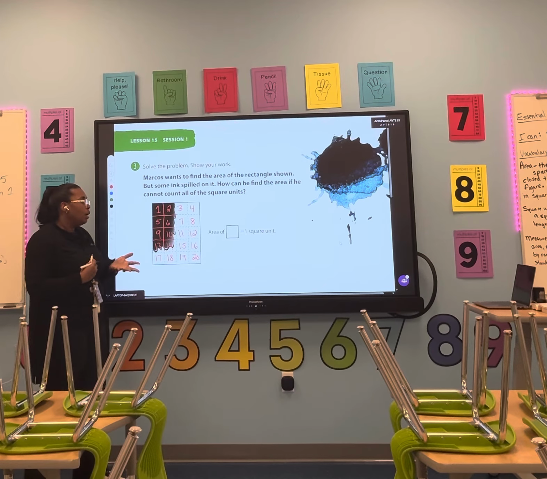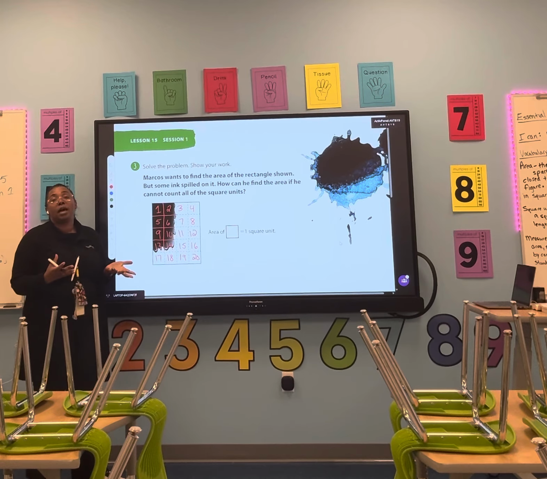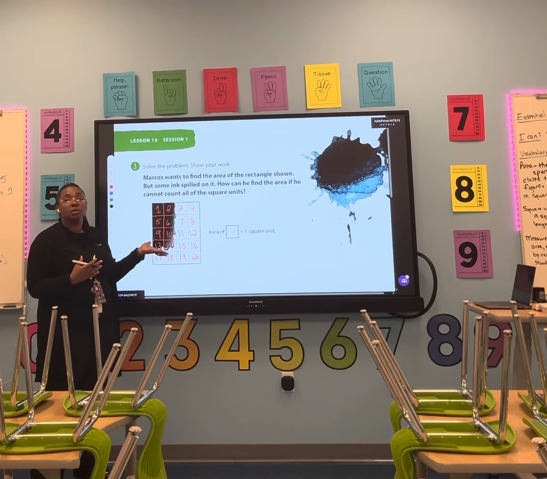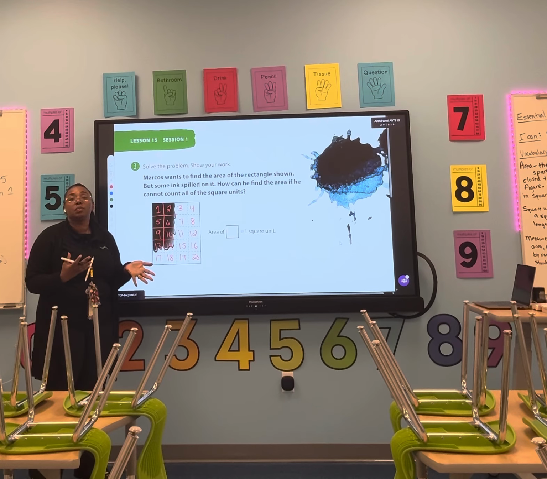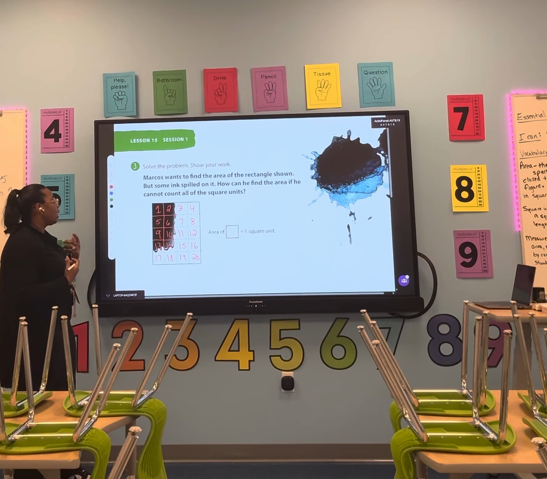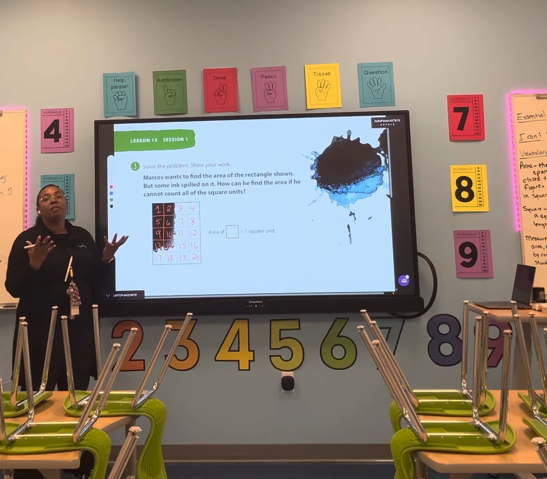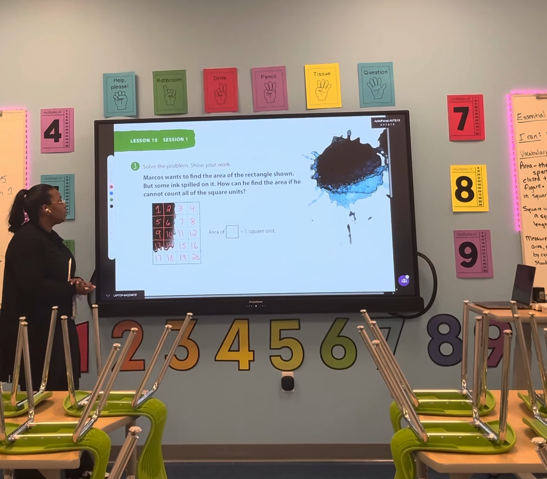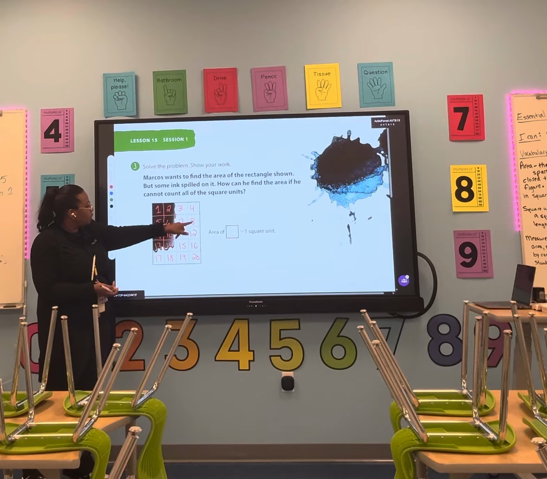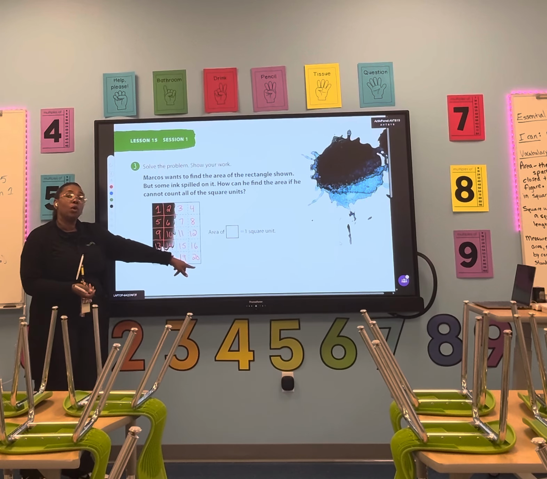Well, maybe you don't want to draw the lines in this, and you don't have to. There's another way we can do it as well. Instead of drawing the lines, we can again think of it as an array. So this is an array. I can see that I have 1, 2, 3, 4, 5 rows.